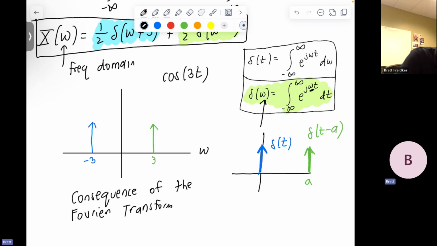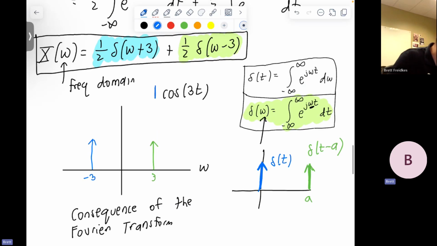Now, what's interesting is that the amplitude of this sine wave or this cosine wave was 1, but we see in our math here that we ended up with 1/2 as the peaks in that situation. Well, kind of.